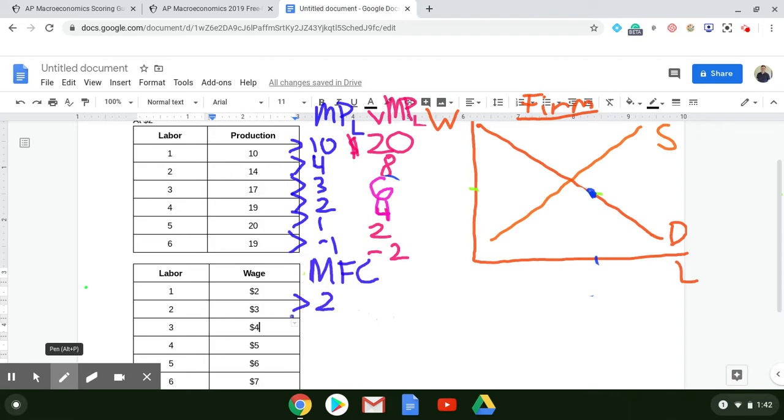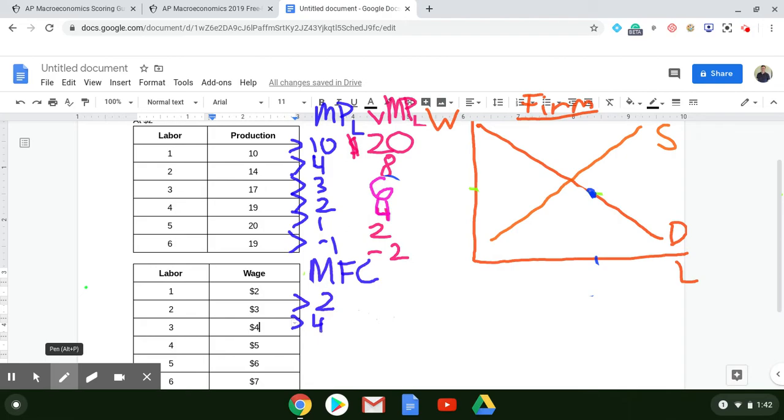The third person: you're adding $1, but you're also adding $1 to the first person and $1 to the second person. So that's $2 for the existing workers, and that's $4. So to hire that third person, it's going to cost you $4 more.